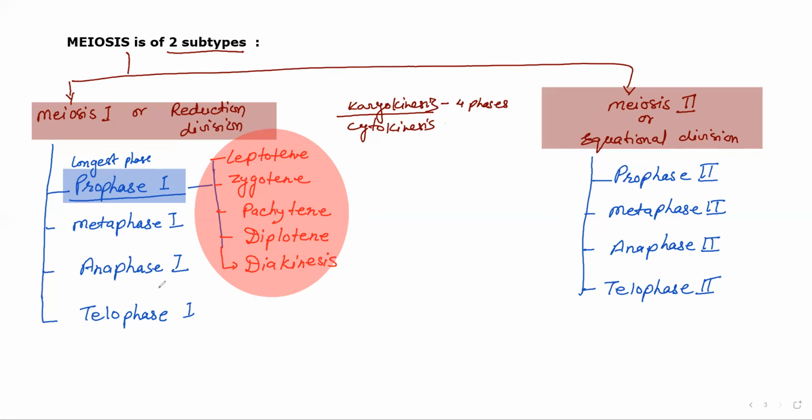And after that, metaphase, anaphase, and telophase. After that comes meiosis 2, the second meiotic division, where 4 haploid daughter cells are going to form by prophase 2, metaphase 2, anaphase 2, and telophase 2. And now we will discuss in detail prophase 1 and all 5 of its subphases.